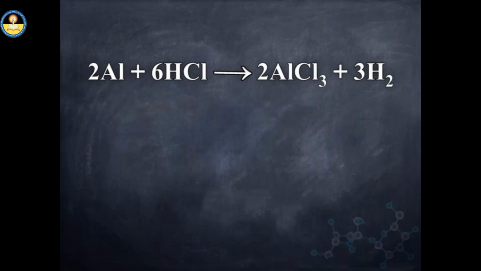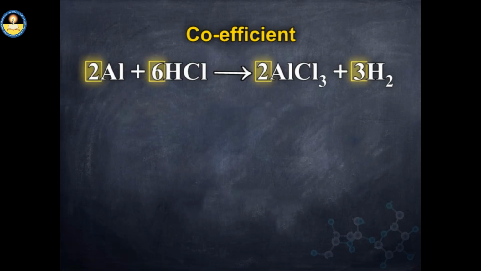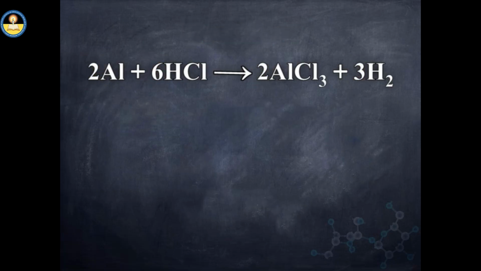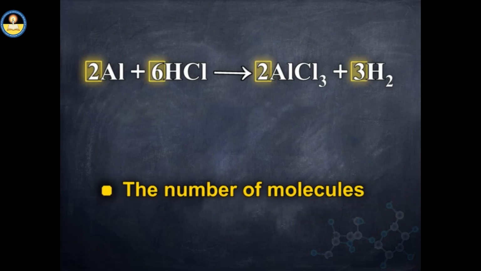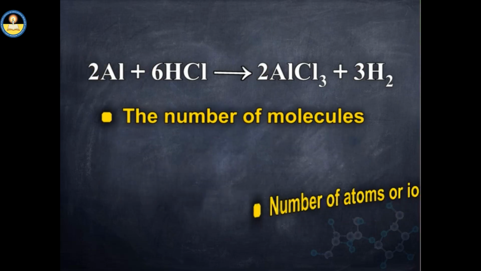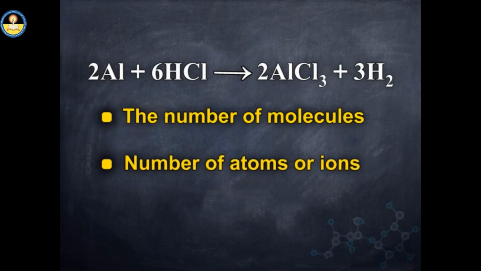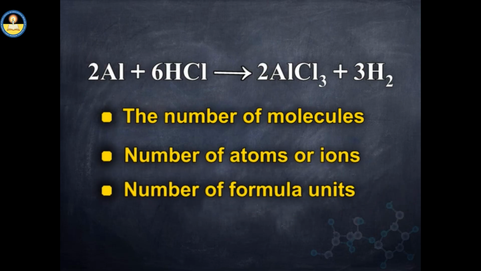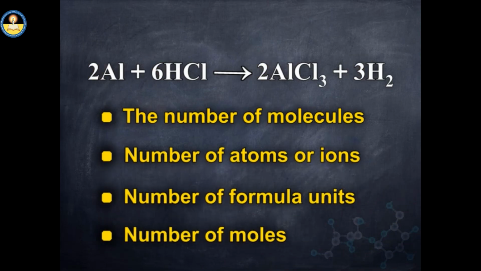Let us understand the meaning of coefficient. The coefficient is a whole number and is always written before the formula of the substance. It may mean the number of molecules, number of atoms or ions, number of formula units, and number of moles.